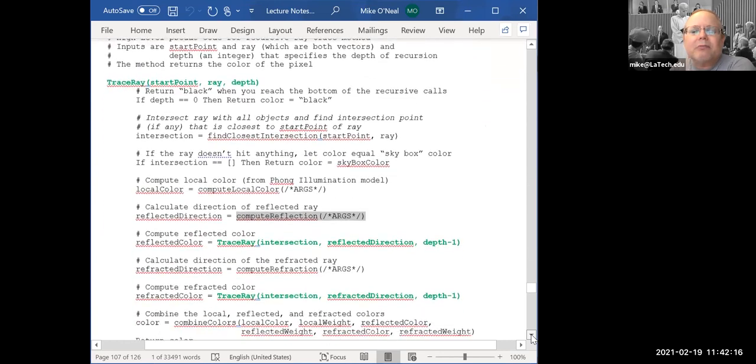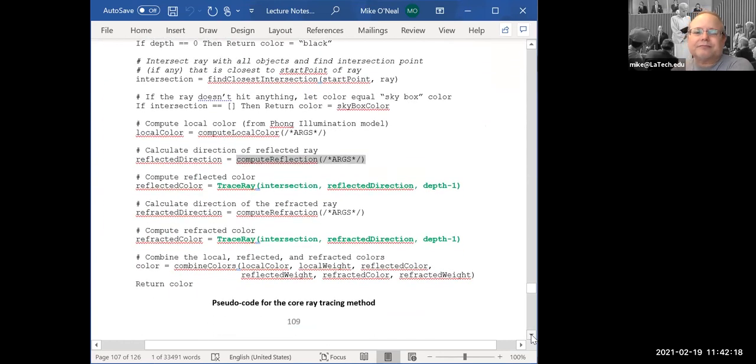And we can see that here because the way we have it coded, I don't have any tests around the calculation of the reflected and the refracted ray.